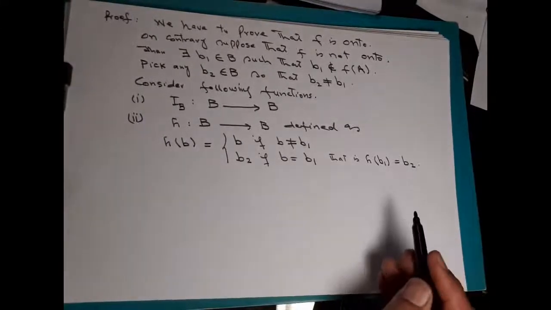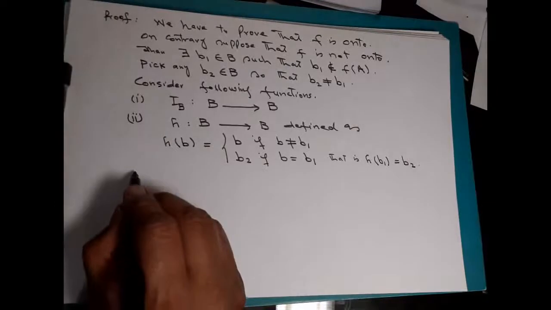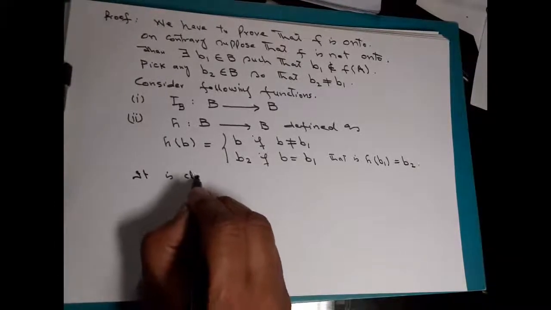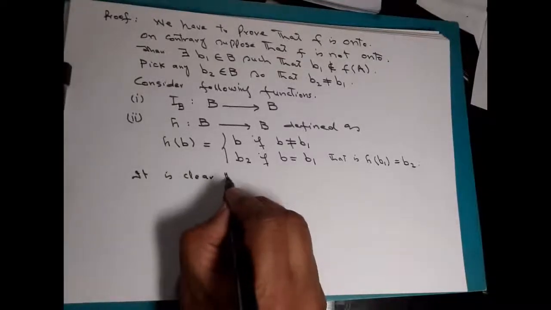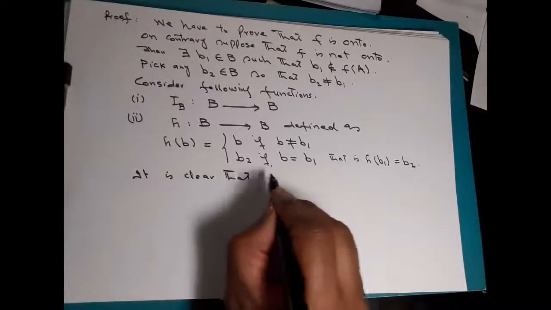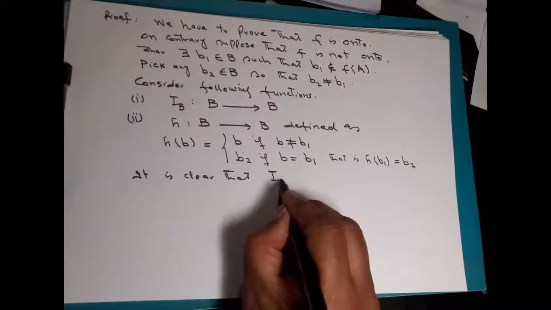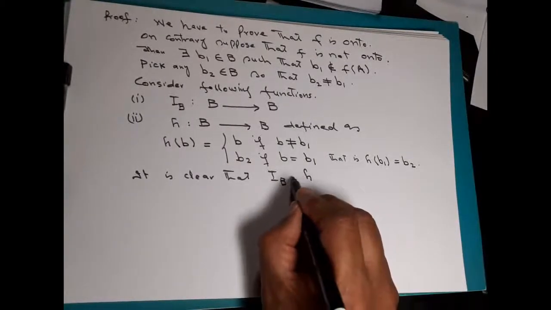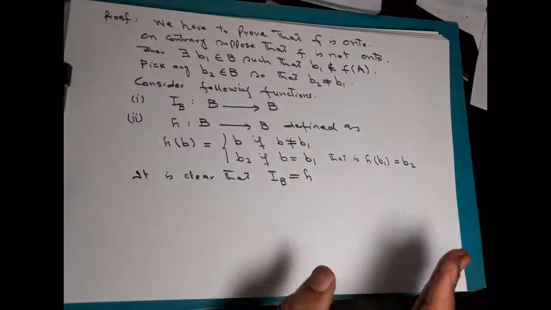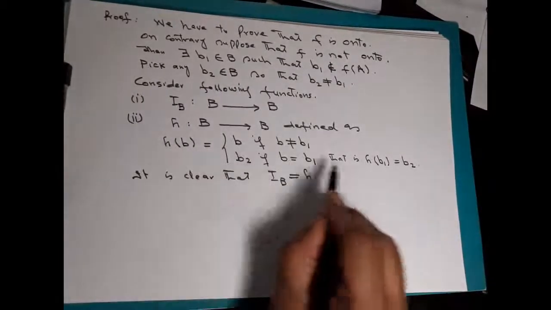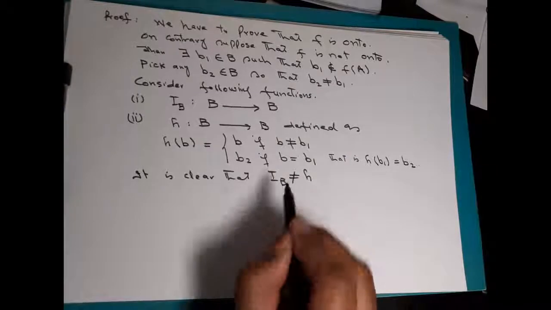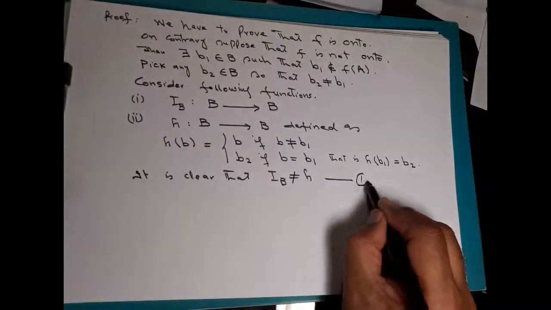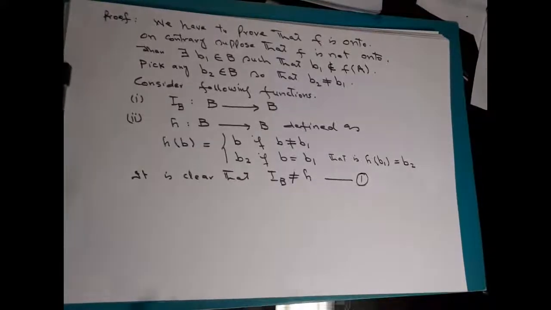So having said that, it is clear that the identity function on B and this function h are not exactly the same. They are almost the same, but at one point they are different, so we can't call them the same functions. So let's note this particular point.